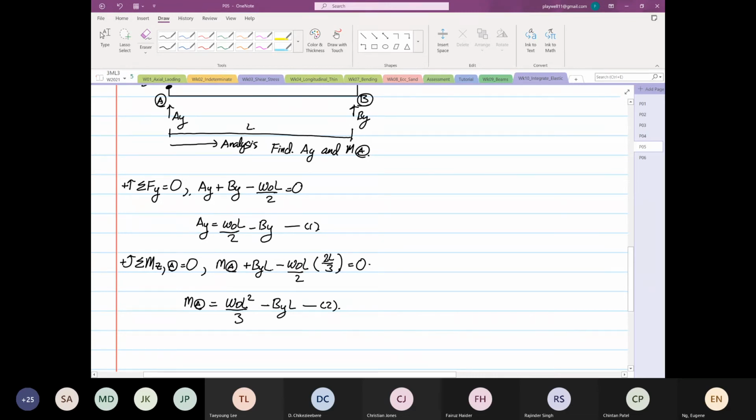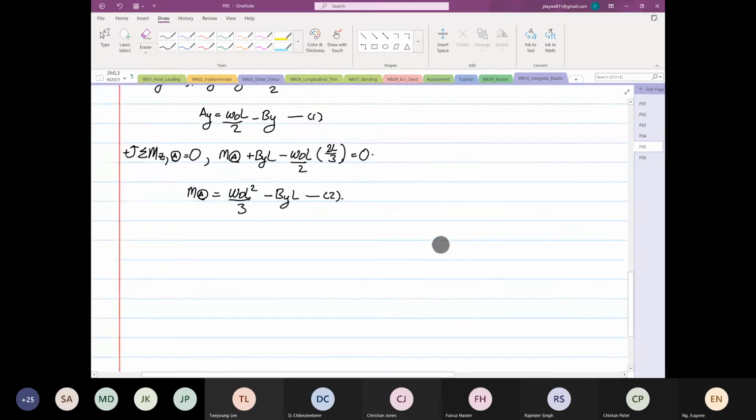As I said, I'm going to use positive shear and positive bending moment to solve for our moment equation. So we're going to do from A to B, Z from 0 to L.